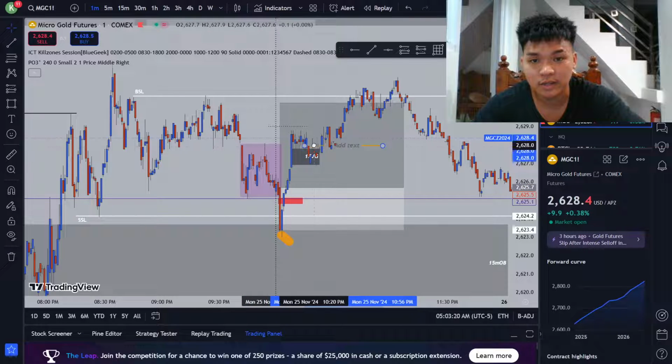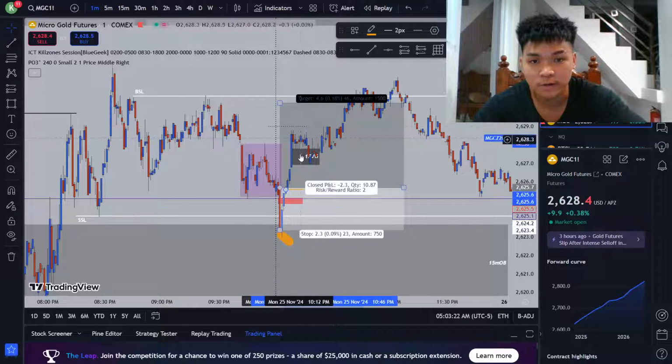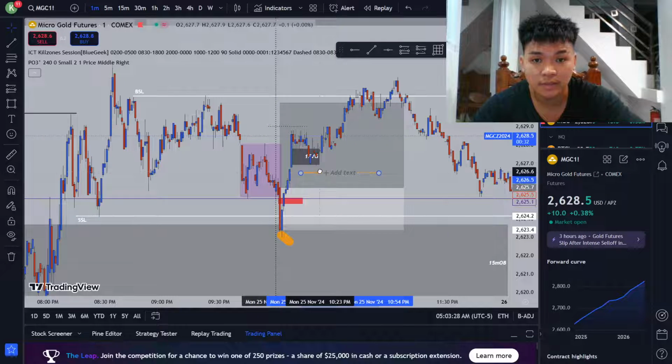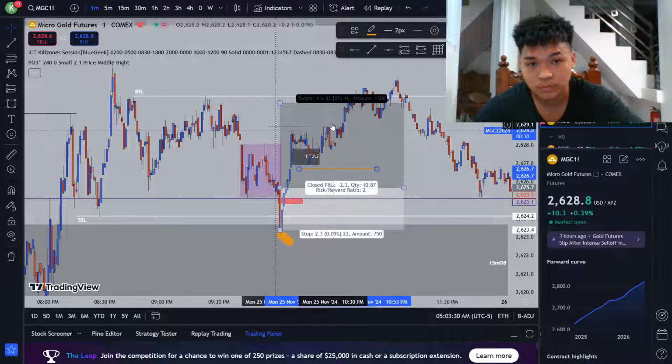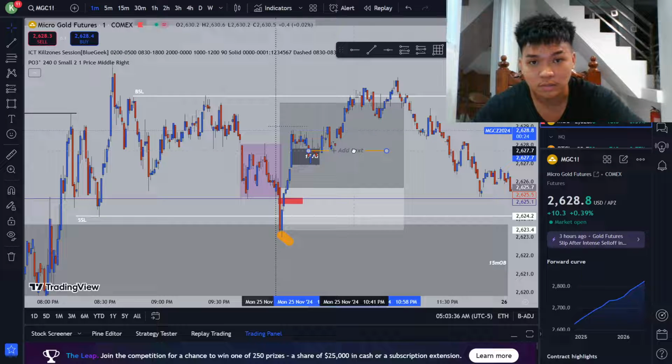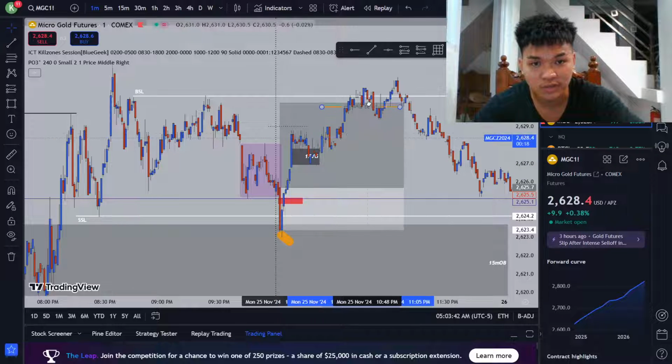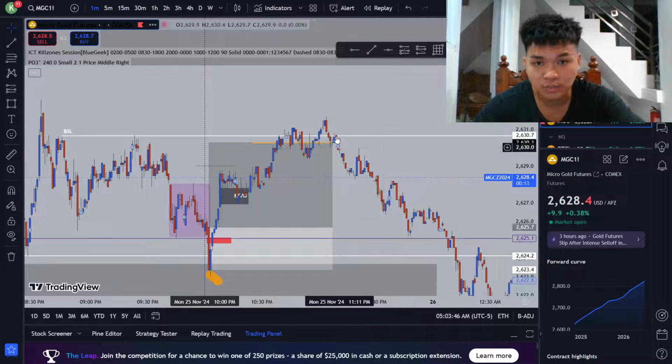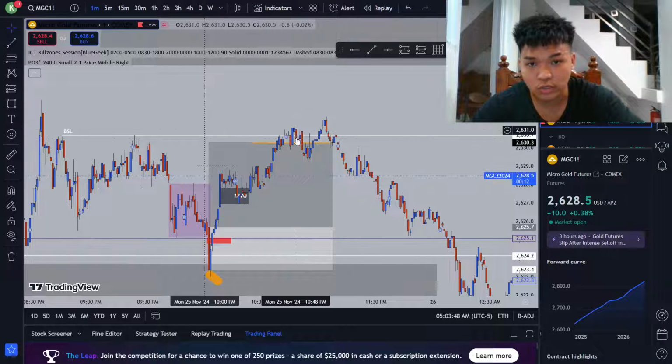It was consolidating over here, and then I waited for another break of structure to happen, and then I put it to the next low, and then it went immediately into the highs. As I got closer to my TP, I was very patient with this trade. I just trailed it until it actually stopped me out on a 1 to 2 because it was already losing.